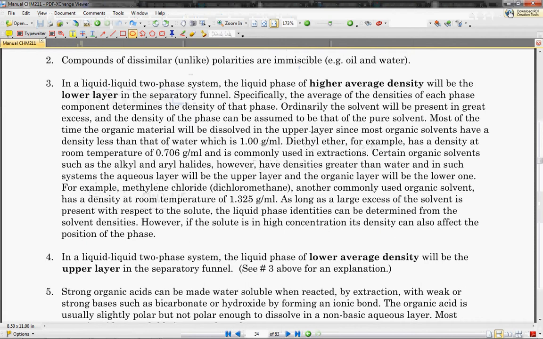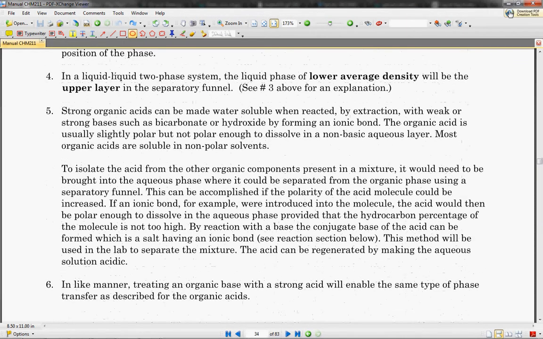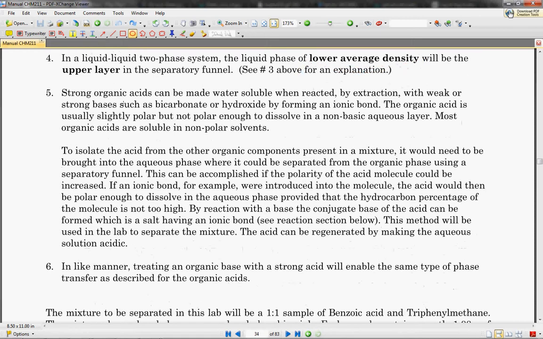So it has to be lighter than water by volume or by density. The lower average density will float to the top, and the higher density one will be on the bottom.